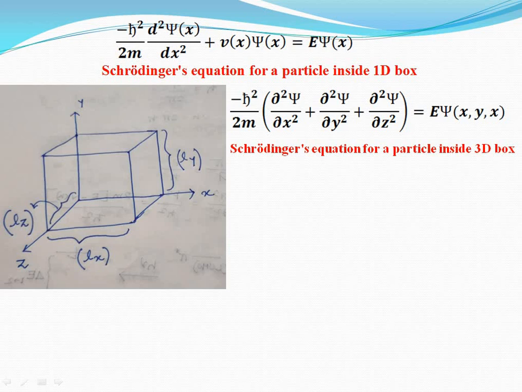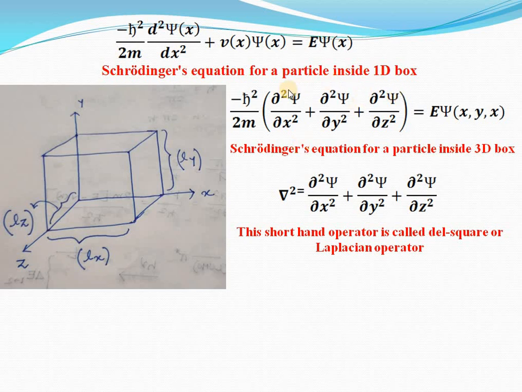So the Hamiltonian will work on three separate directions, x, y and z, and as the potential energy inside this box is zero, the potential energy term will not be there, only the kinetic energy term, that is the kinetic energy operator, will be there.